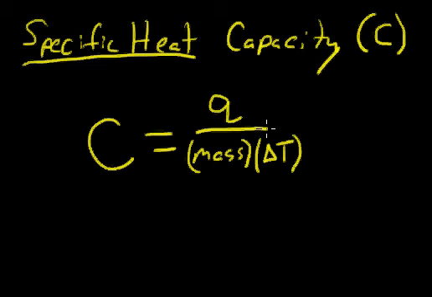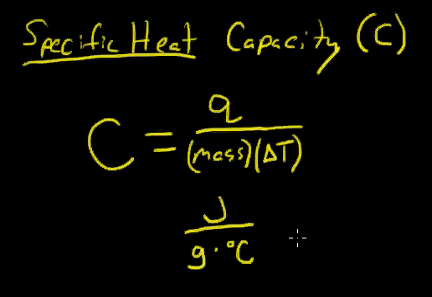That delta sign, that triangle, means change. So it's the amount of heat to raise 1 gram, which is your mass, by 1 degree Celsius. So if we look at our units here, heat we've been talking about in joules or calories. Mass we've been talking about in grams. And change in temperature is degrees Celsius.